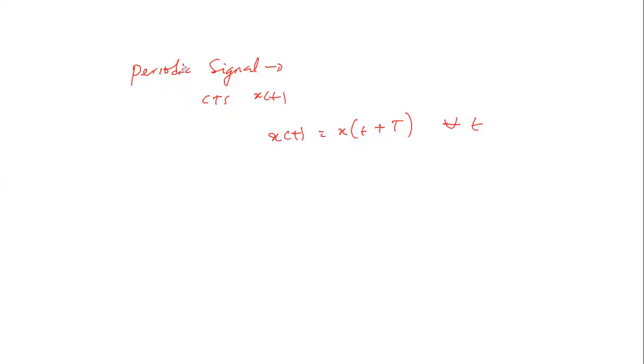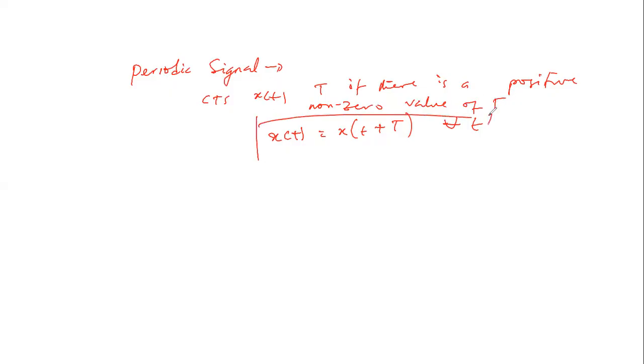Meaning the signal is said to be periodic with period T if there is a positive non-zero value of T given this condition.